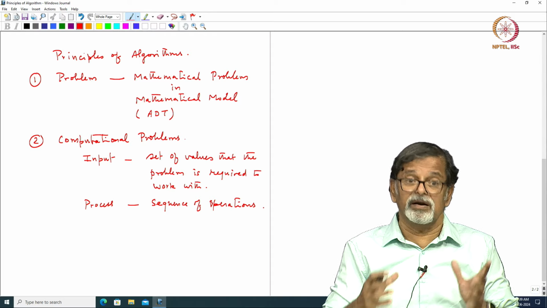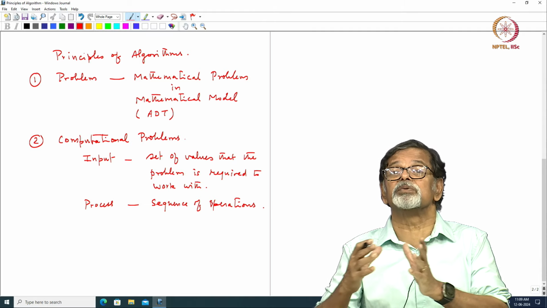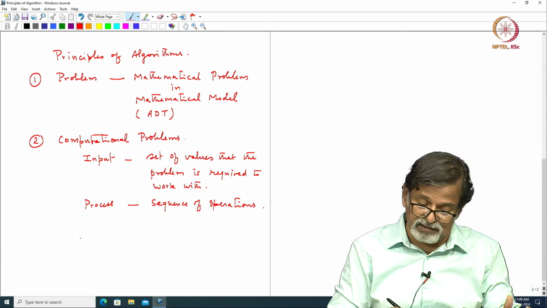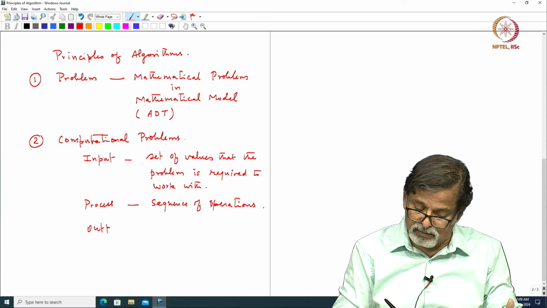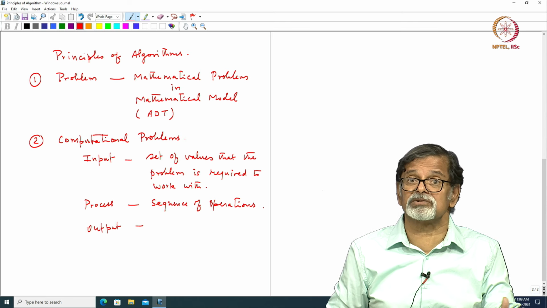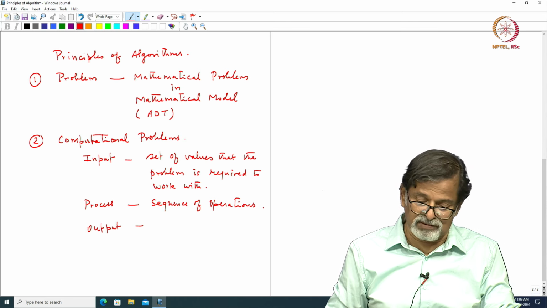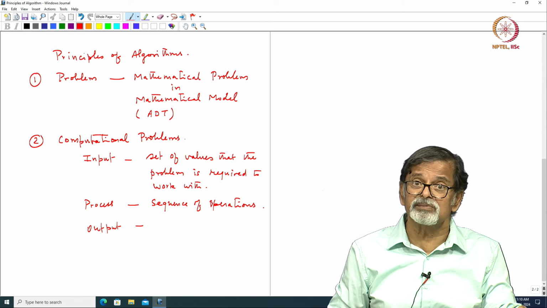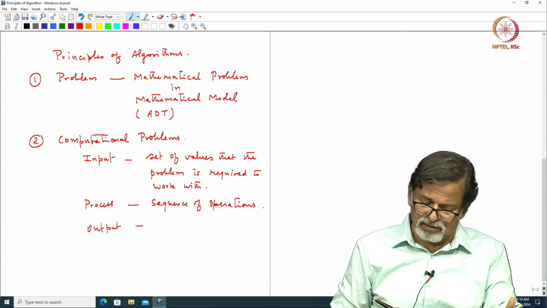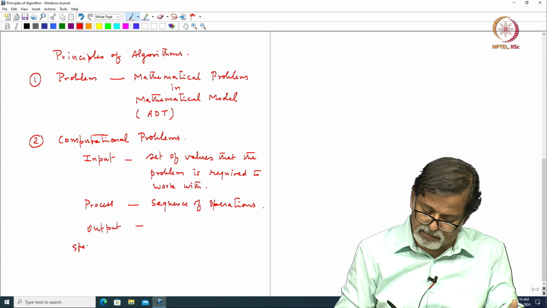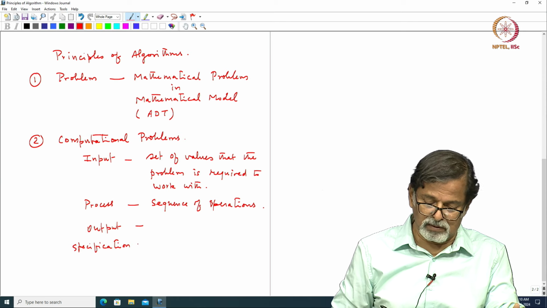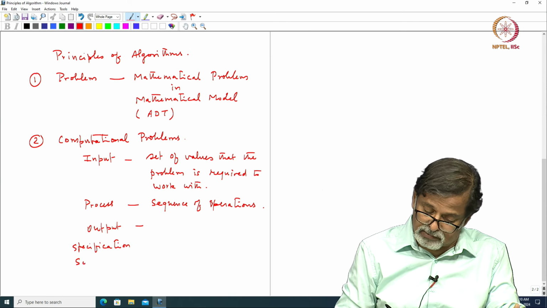And then every computational problem is required to produce certain values at the end of processing, and that is called the output. It is a set of values produced at the end of the process. Okay. So every computational problem has a specification and a solution.